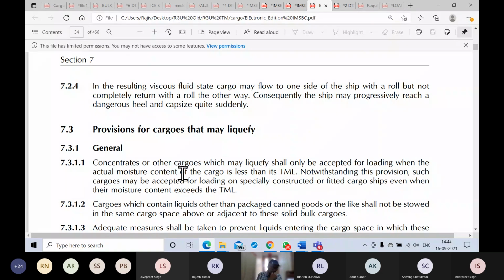A Chinese vessel, not a very big one, 20,000 tons or something, capsized because of the flow state the cargo developed. After that unfortunate incident, a lot of emphasis has been placed on Section 7 in examinations, as far as we are concerned, for the MMD exam.